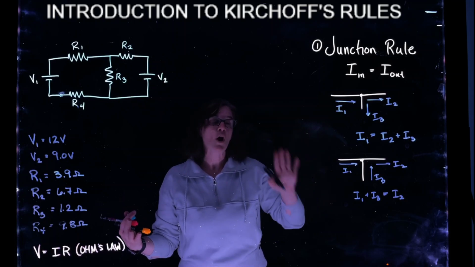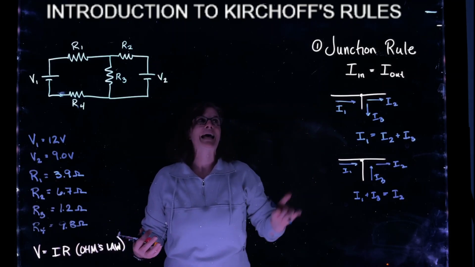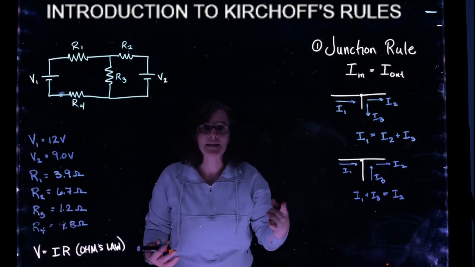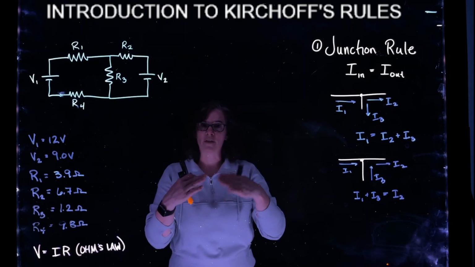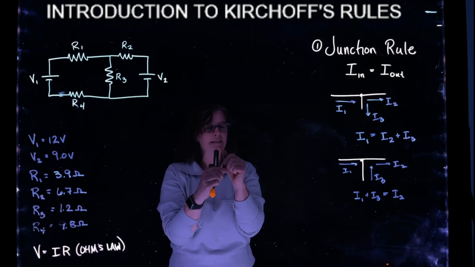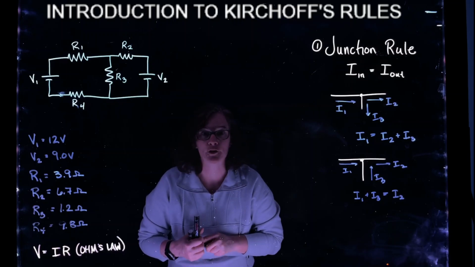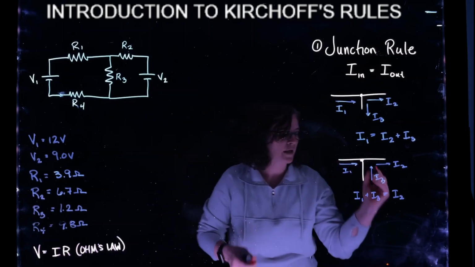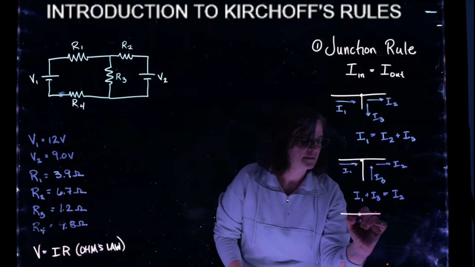So we know whether or not we made good choices at the end of the problem, when we analyze the currents and find out whether they're positive or negative. Now that comes with one small exception, and that exception is you can't have everything going in or everything going out. Real quick, what would that look like?